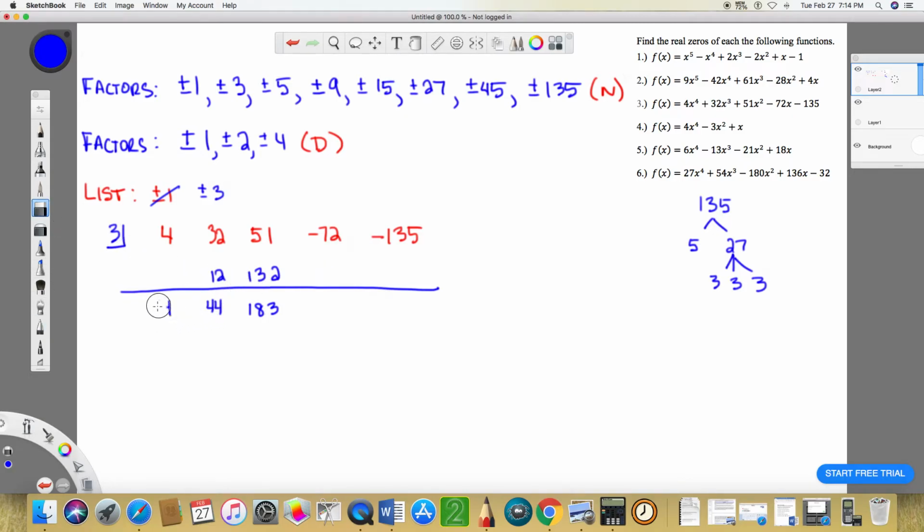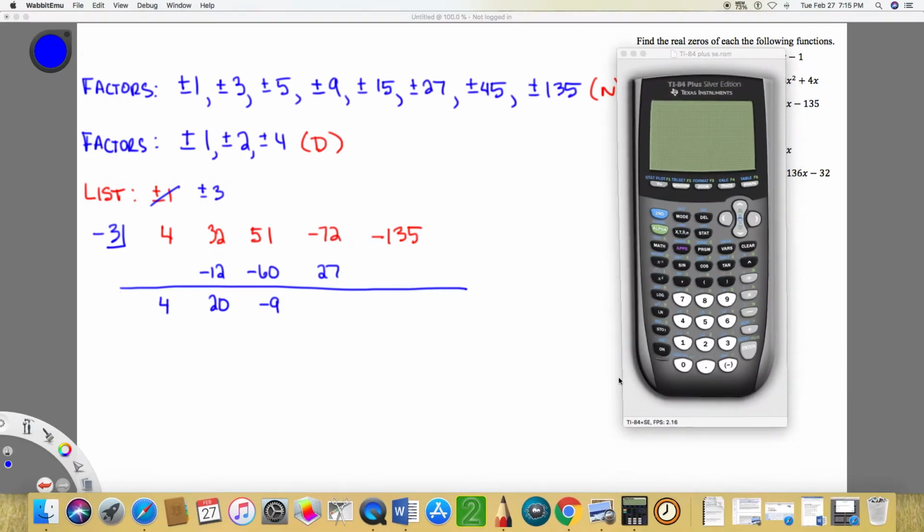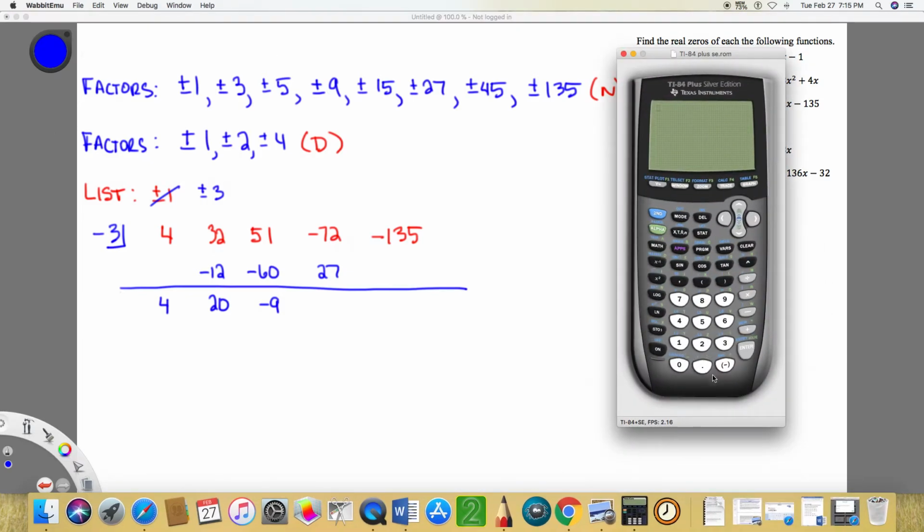Even if I did a silly mistake and multiplied it, there's no way. All right, what about negative 3? Nope. It's not going to do it, right? Let's double check, but I don't think so.